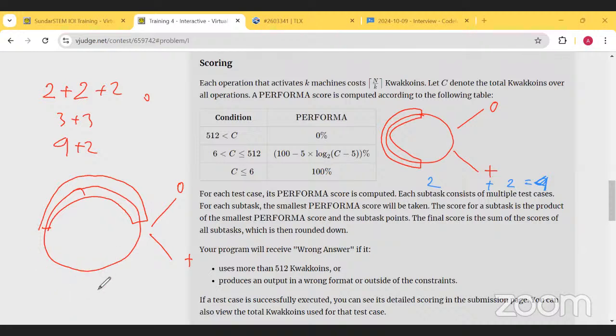But if 0, we can just make another query like this, so that we will get the answer directly. Okay, and then the cost is 6. Okay, that's correct. That's right.